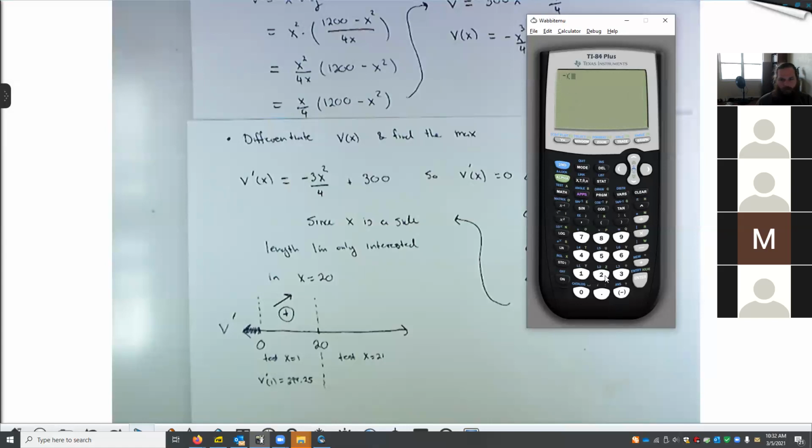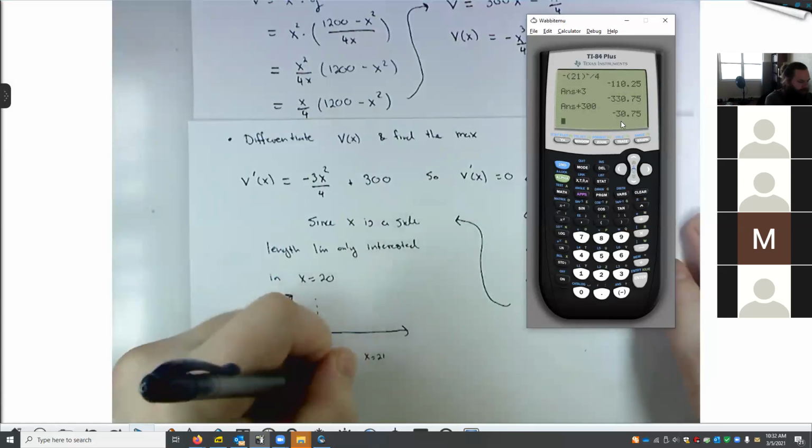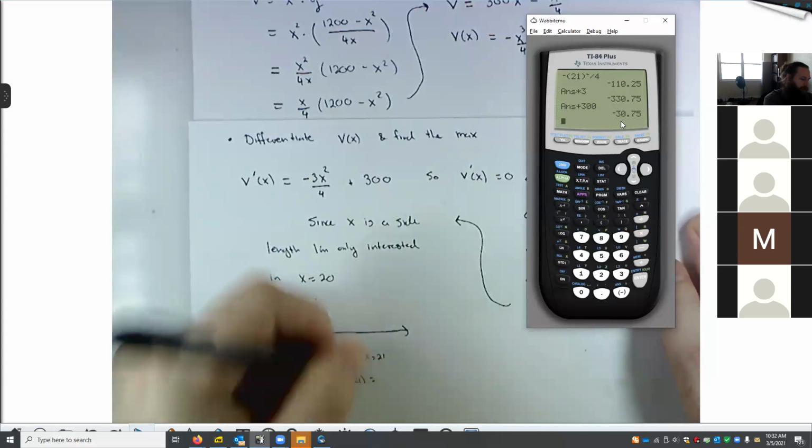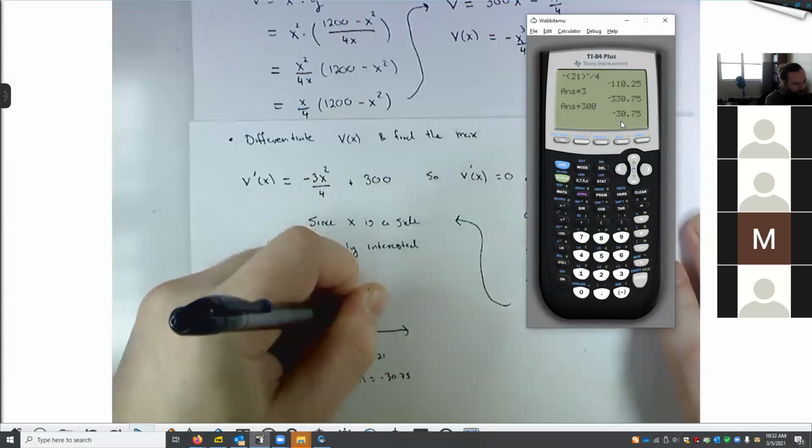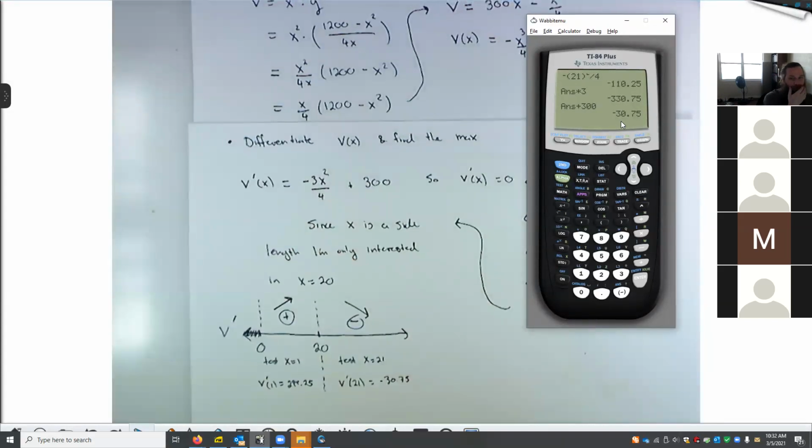Negative 21 squared divided by 4. Oh, I left off the 3. Sorry, so I need to multiply this by 3. And then add 300. So we get negative 30.75. V primed of 21 equals negative 30.75. In particular, it's negative. So my volume function is decreasing everywhere to the right of 20.